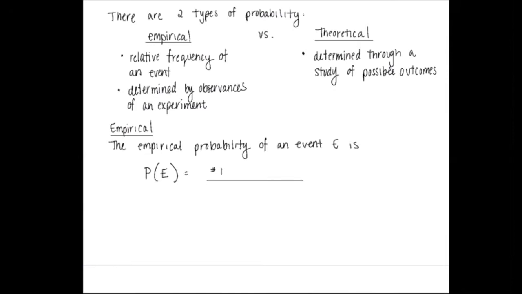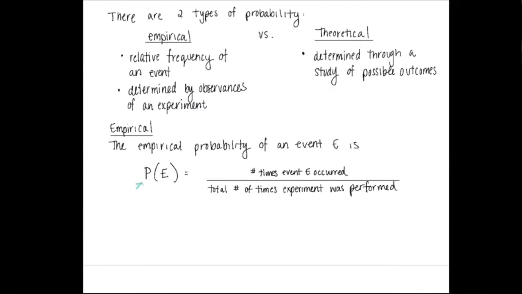So it's the number of times event E occurred divided by the total number of times the experiment was performed. Okay. So 30 out of 100 people, that is your probability, 30% or 0.3.